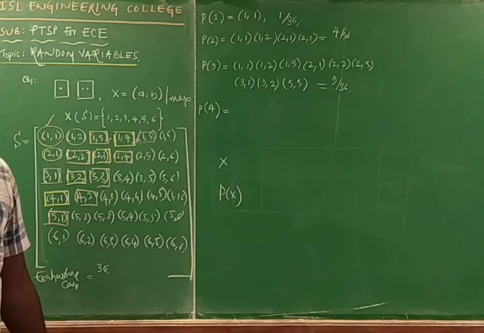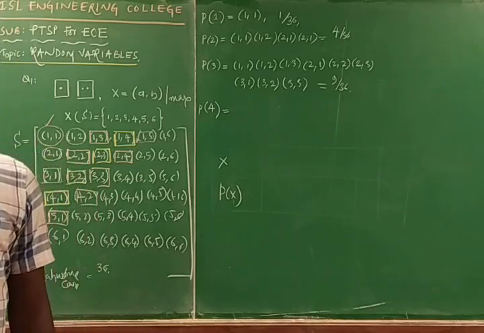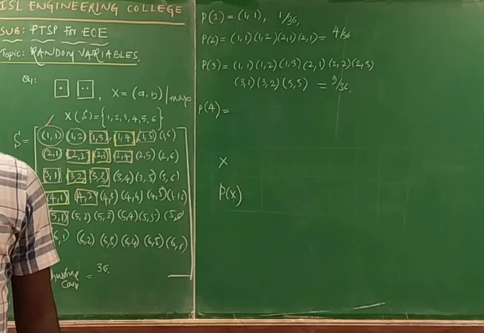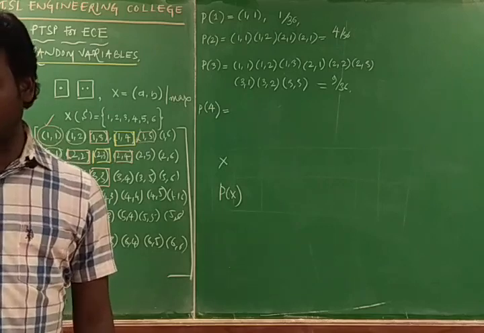Then we are going to solve one more problem based on the same concept. That is, 2 dice are thrown, x is assigned to each point if the sum of the variable on the faces, find the mean and variance of the random variable.